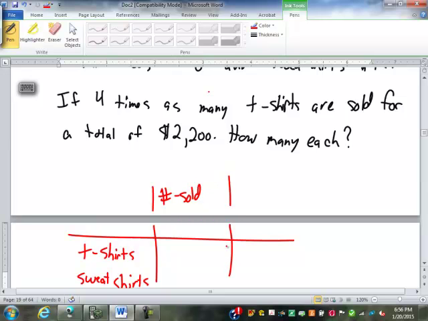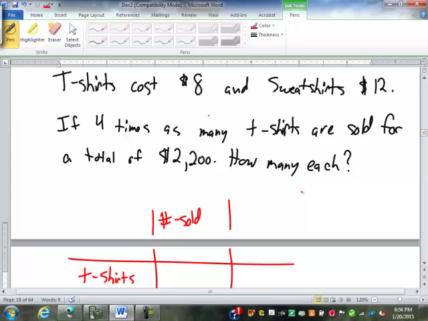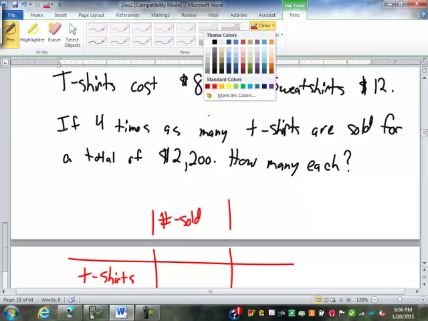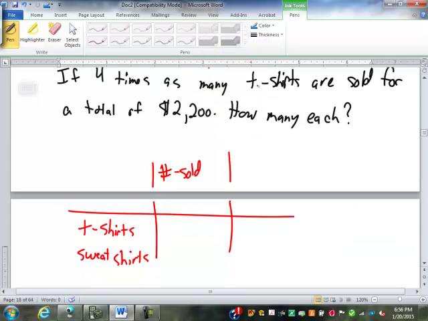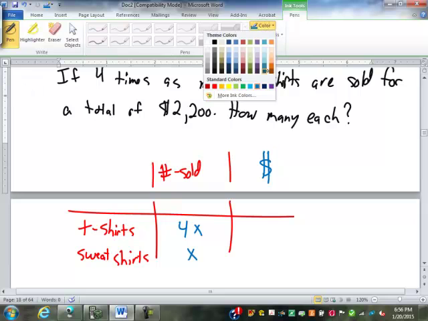And there's still one of them that's referenced off of the other: 4 times as many t-shirts as sweatshirts. So that means we'll let which one be X? Number of sweatshirts. The t-shirts will be 4X. But the problem is if we add the 4X to the X, we get the total number sold. Are we given the total number sold? No, we're not. We're given the total dollar amount.